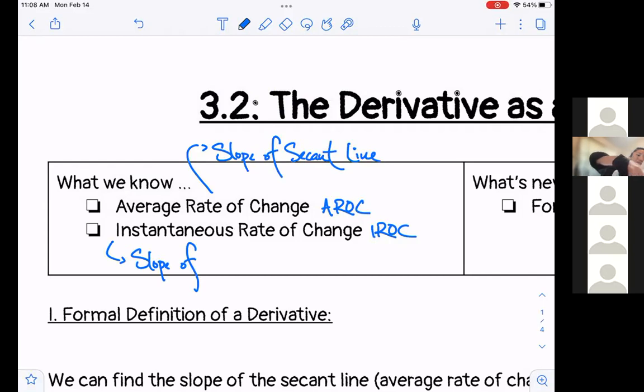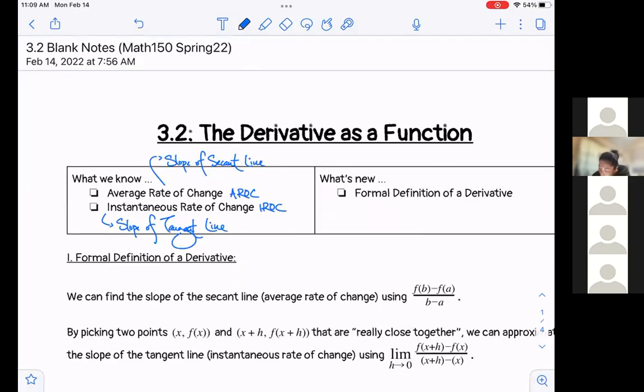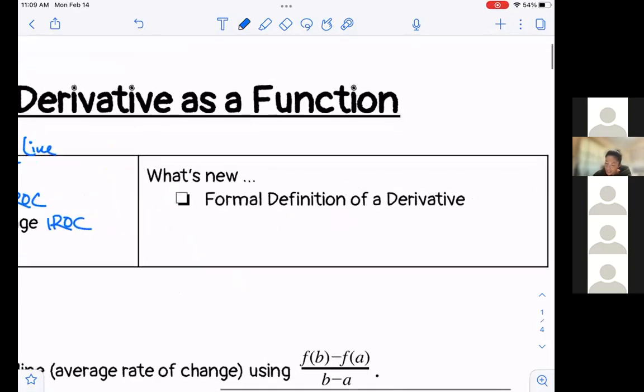So the slope of a tangent line is our instantaneous rate of change.